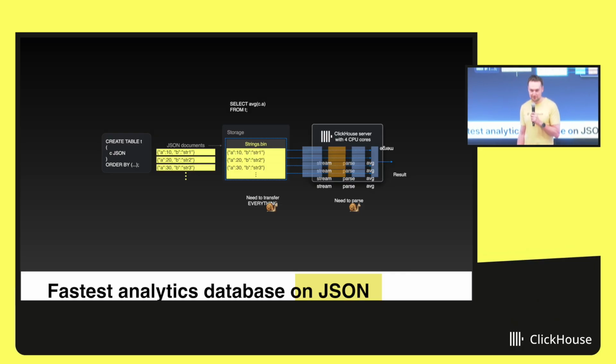It will have to parse these JSON objects on the fly, and only then do the calculations like calculating aggregate functions or filters. And it is not fast because it has to transfer data from disk or from external storage. It has to parse this data. So we should not do it trivially in this way. We should do something smarter.